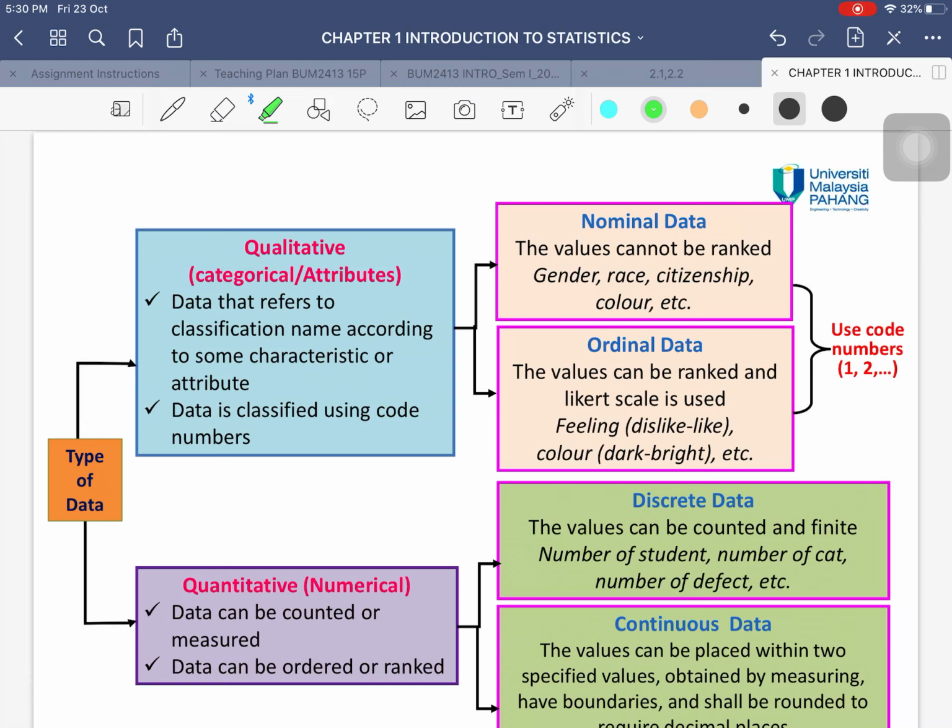Okay, so the first is how do we actually classify them as being qualitative or quantitative? This is actually the same thing, only with different names. Qualitative is also known as a categorical or attribute variable. So it's the same thing. And quantitative is also known as a numerical variable.